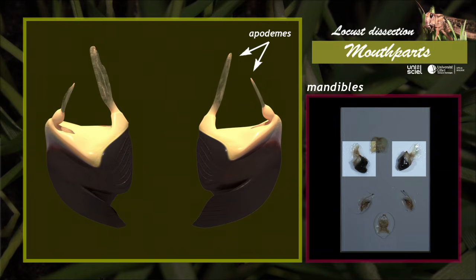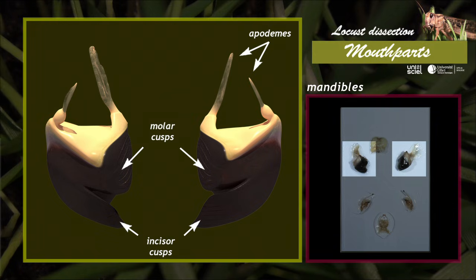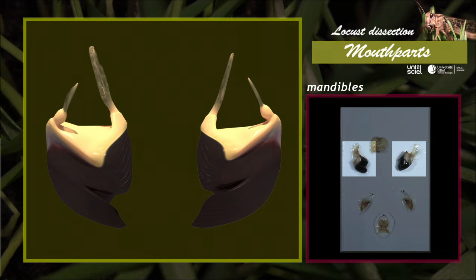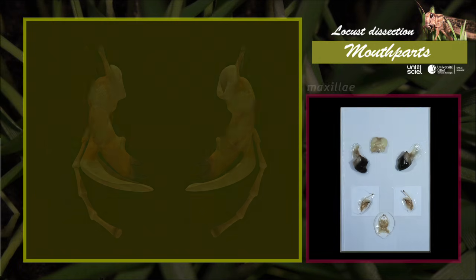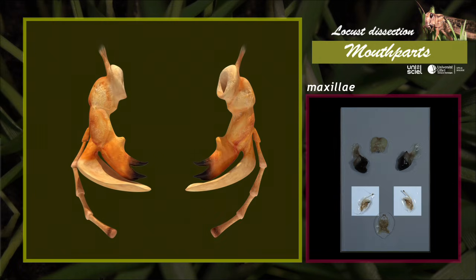They have a serrated part to cut the plant and a molar part to grind food. The maxillae help to shred the plants.